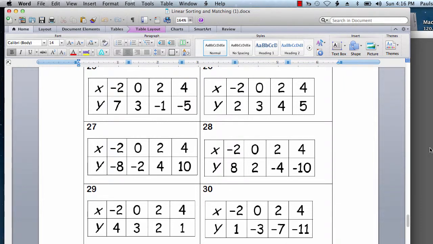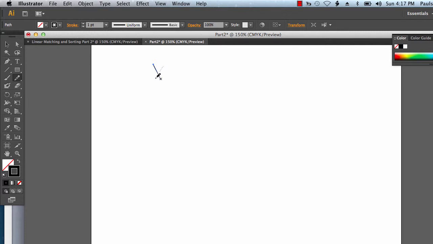Okay, so we're going to plug in x and y values using our equation that we just figured out, y equals negative 1/2 x.